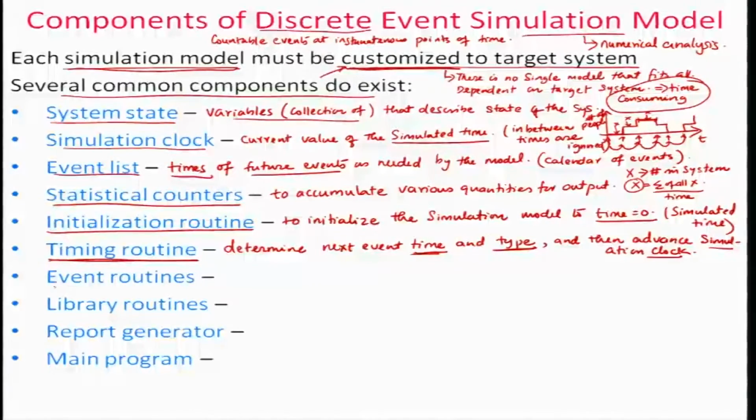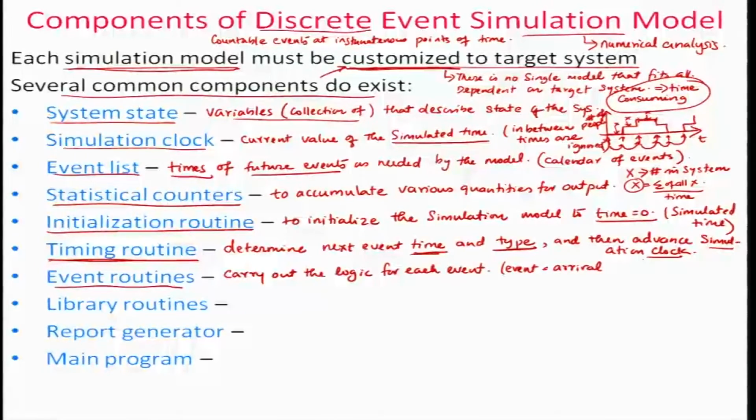Then comes the next one, what we call event routines. The job of event routines is to carry out the logic for each event. So, assume the event is an arrival. Then a person arriving into the queue will check whether the server is free or busy.